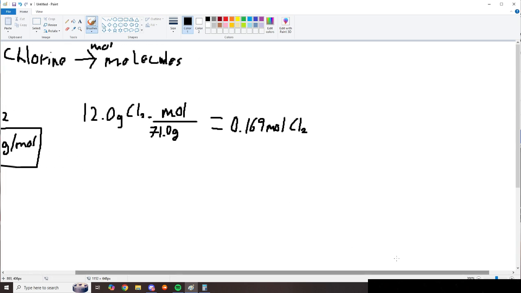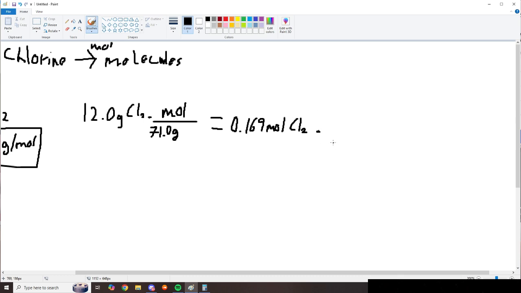And now we want to go from moles to molecules. And remember, there's 6.02 times 10 to the 23rd power molecules in a mole. So we're going to do exactly that.